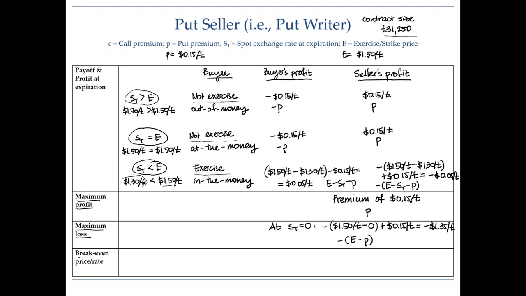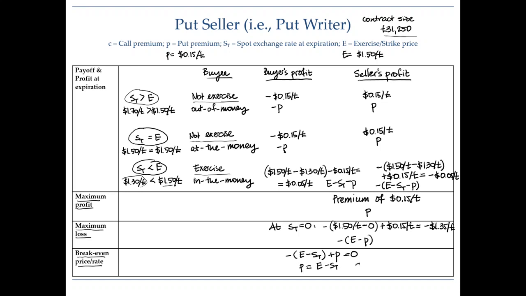So at what future spot rate will the seller break even? In other words, at what future spot rate the loss from buyer exercising the contract is offset by the premium. So we can solve for it. So if I solve for it, essentially what I'm doing is setting the gain from exercising the contract equal to the premium.